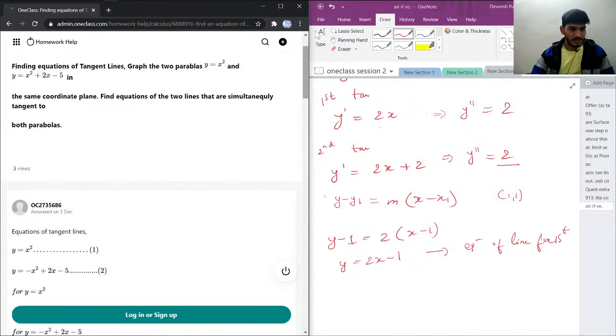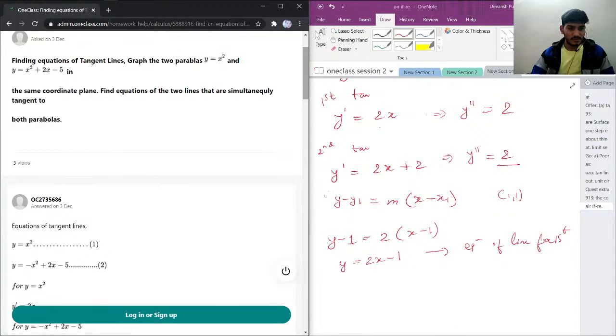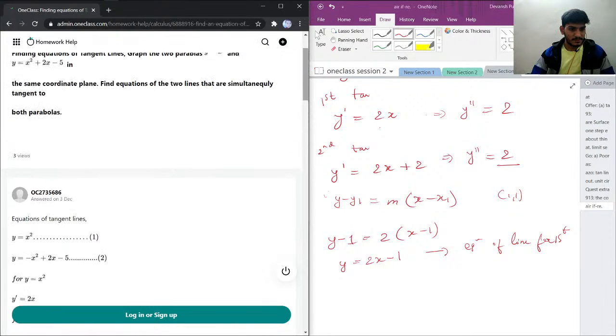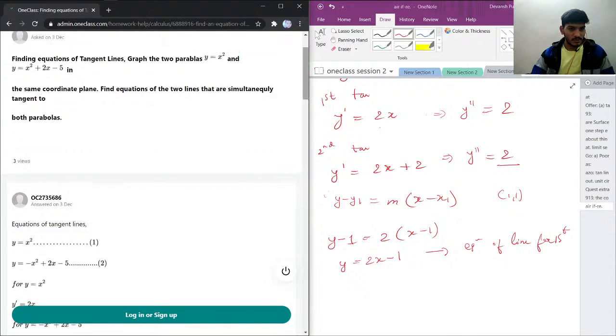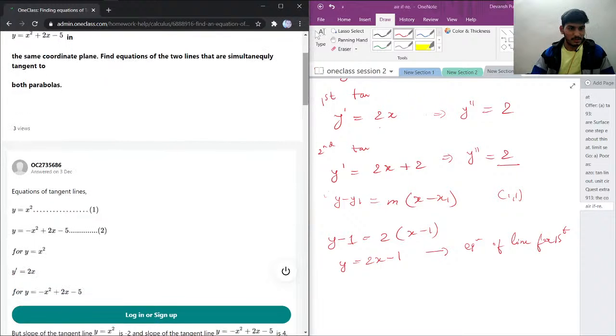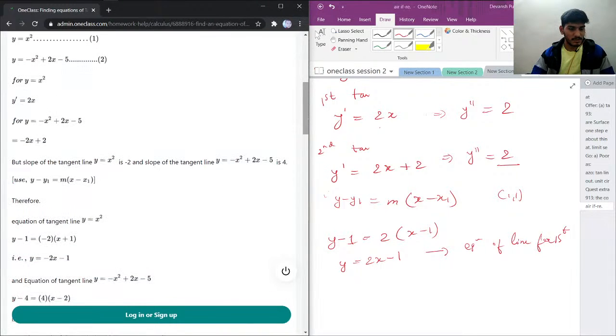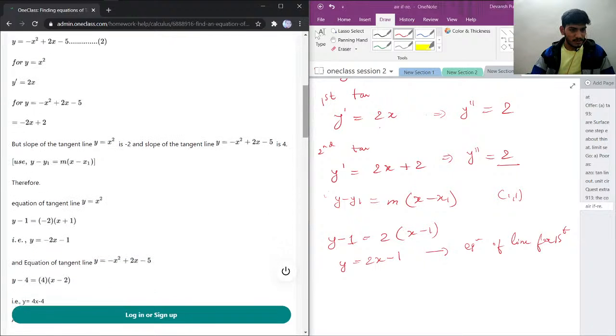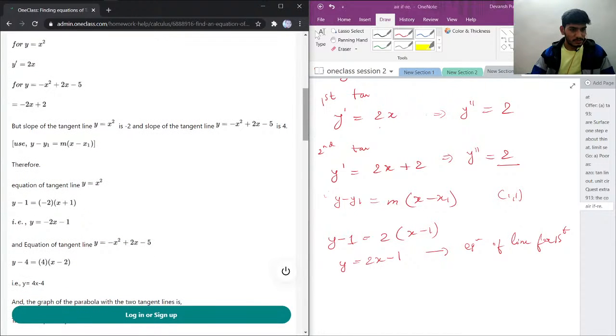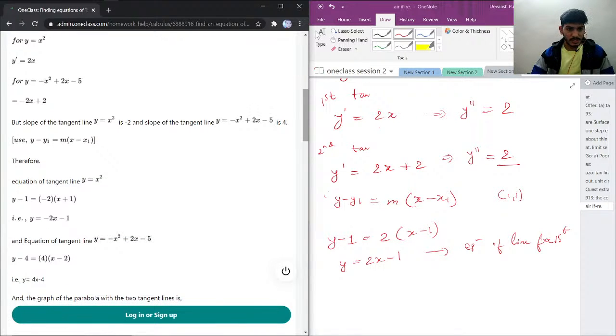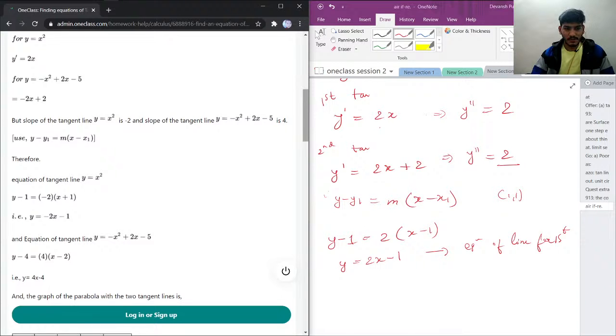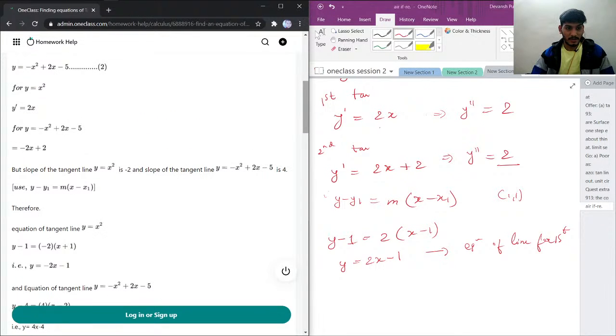Then first of all they change the equation, and then in the same coordinate plane find the equation of two lines that are simultaneously tangent to both parabolas. Okay, so the slope of one tangent line is -2, and the slope of other tangent line is 4. I don't know how.